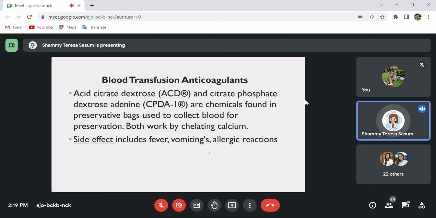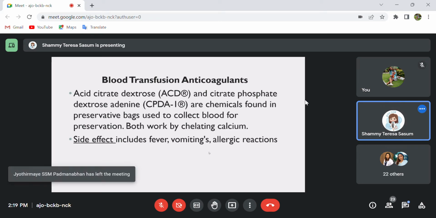Blood transfusion and anticoagulants. Acid citrate dextrose (ACD) and citrate phosphate dextrose adenine (CPDA) are chemicals found in preservation bags used to collect blood for preservation.